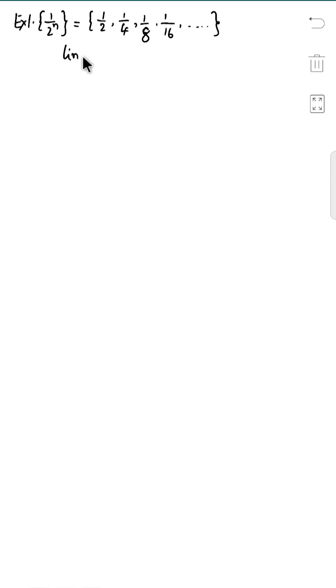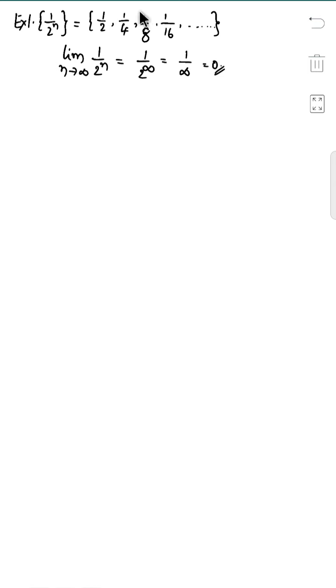Let's say that is called the limit. Take the limit as n tends to infinity of 1 by 2 to the power of n. Find out what it is: 1 by 2 to the power of infinity. This is a very crude way to solve this, that is 1 by infinity, which is 0. So the end term of the sequence will be 0 here.